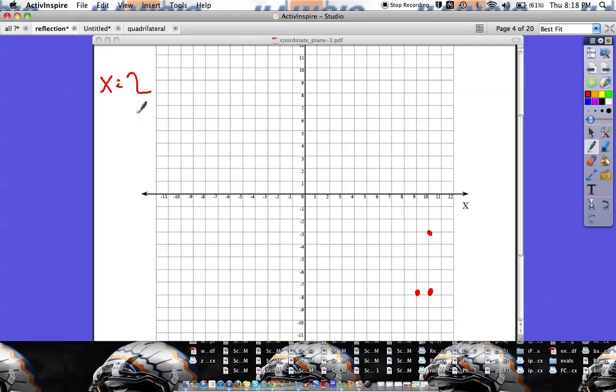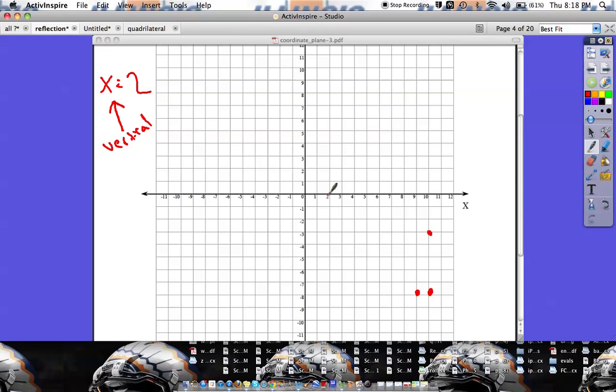Now, here would be a great note to put down. Whenever we have these x equals, your line is actually going to be the opposite of what you think. Normally the x-axis goes this way. It's going to go the opposite direction, so this is actually going to be vertical. We're doing the opposite here.